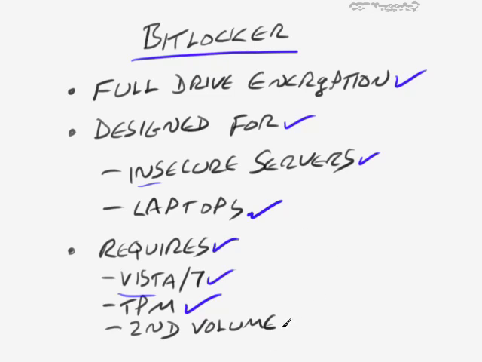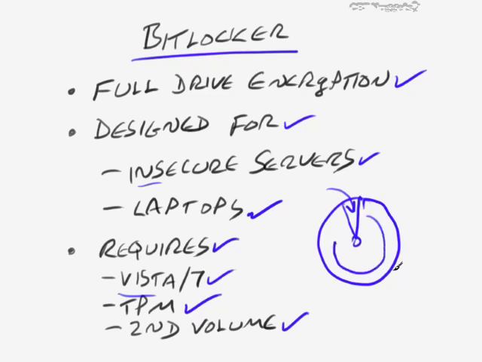Also, this does require a second volume, because what happens here is, if this is my hard drive, then if I want to encrypt this whole thing, I won't be able to boot the system anymore. Because I have to be able to at least access the boot files, right here, as the first volume, and then the rest of this can all be the second volume.